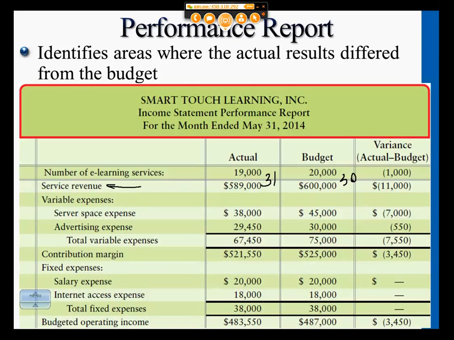So although you saved a little bit because the number of e-learning services is less, interestingly, the relationship between the advertising and the number of e-learning services is the same, whether budgeted or actual. So by analyzing a table like this, it can tell you a lot about how you're actually doing compared to what you budgeted. Okay? All right.